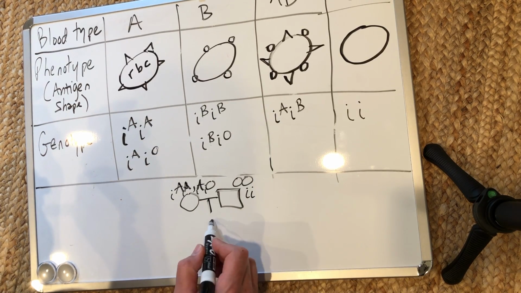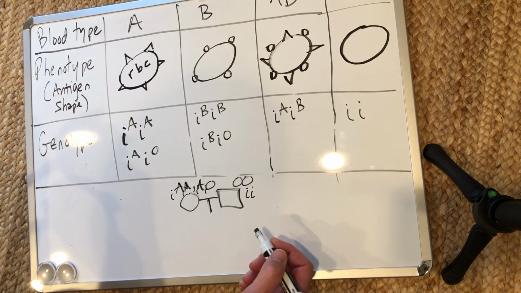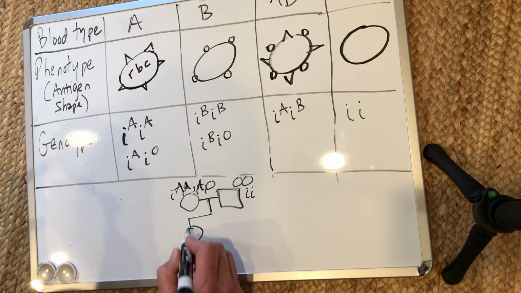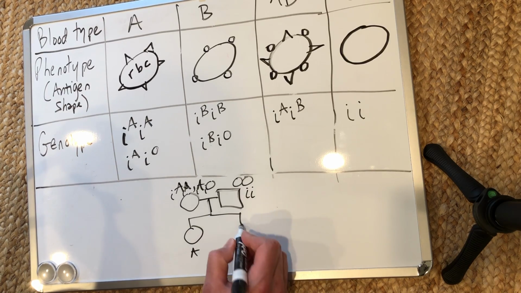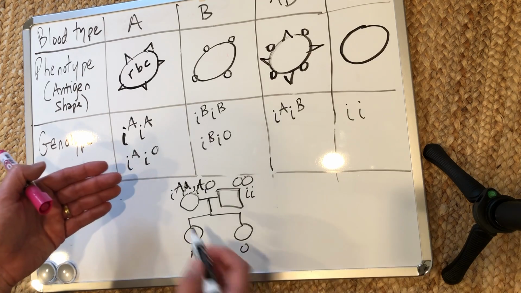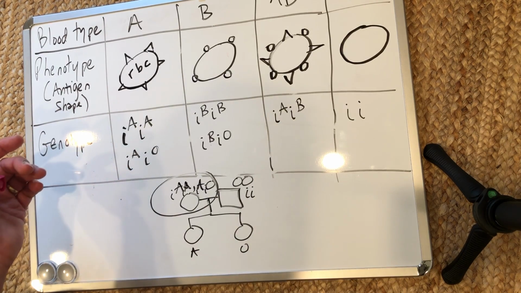So if the child, for example, let's say we have one child that's blood type A, and we have another that's blood type O. Well, all of a sudden you know which of these genotypes that parent is.